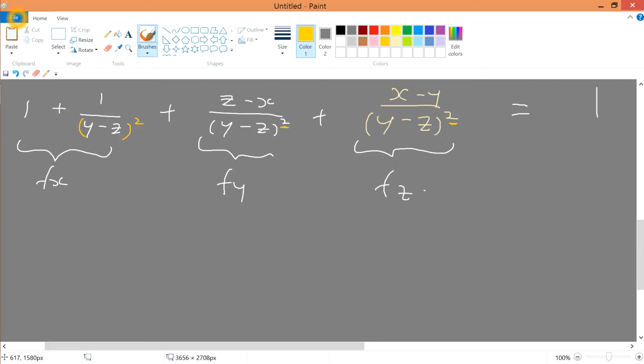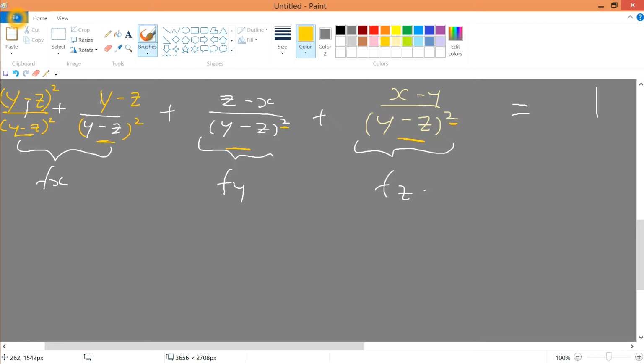So I multiply the square over here, so I multiply y minus z into this whole thing. If I do that, then I have to write y minus z over here, and then this whole thing over here is y minus z squared divided by y minus z squared. So you can see that the denominators are all the same now.